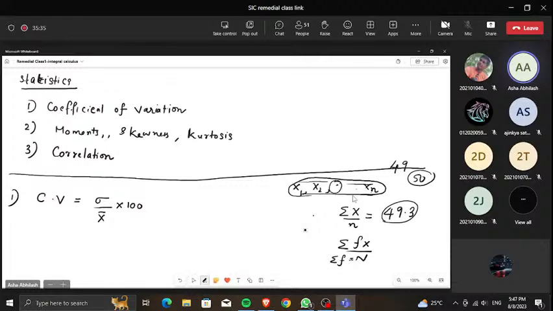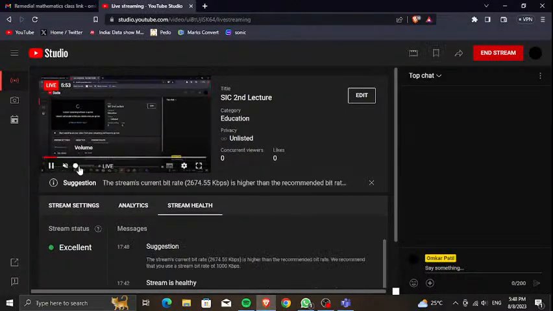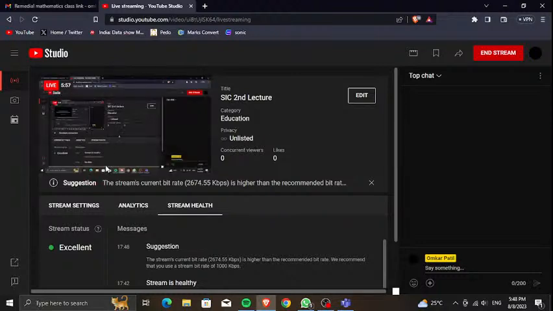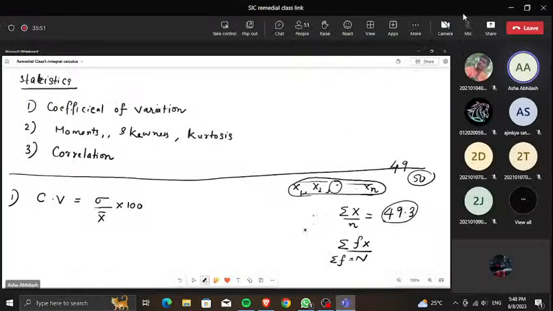Okay, so in that way, you can use the assumed mean method. Next thing is that if in the question paper it is specified that you use the assumed mean method, then obviously you have to use that method. Okay. So these are the different formulas you can use for finding actual mean.